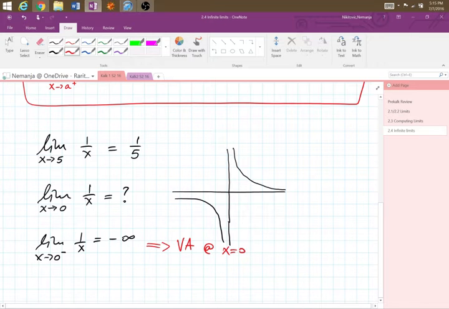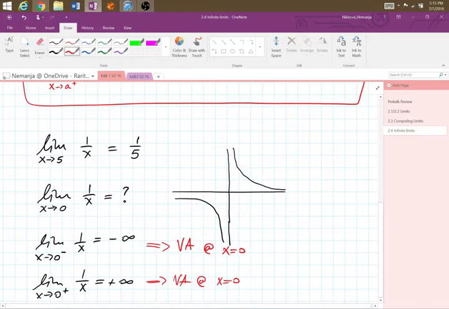Just seeing that any one of the one-sided limits is infinity or negative infinity is enough to claim that there is a vertical asymptote at that value. Now we're also going to check the other limit. The limit as x approaches 0 from the right, which is 0 plus, is going to be positive infinity. Now that also says vertical asymptote at x equals 0.